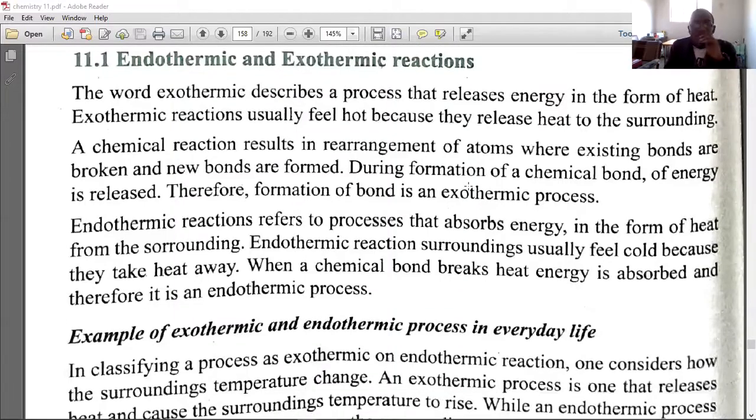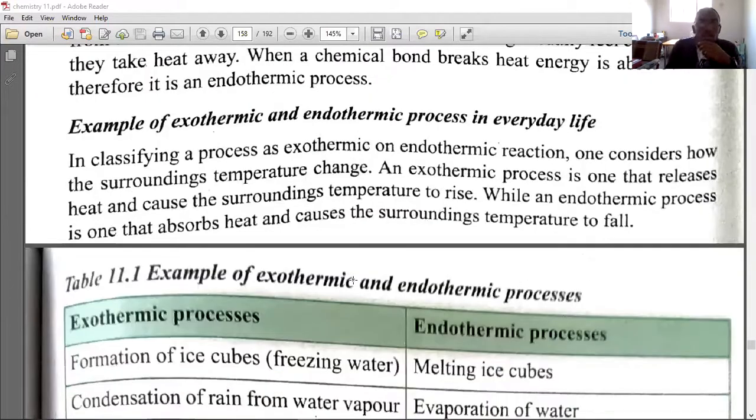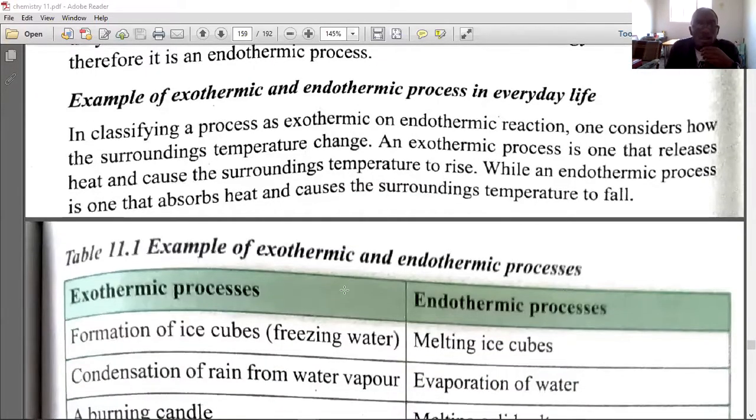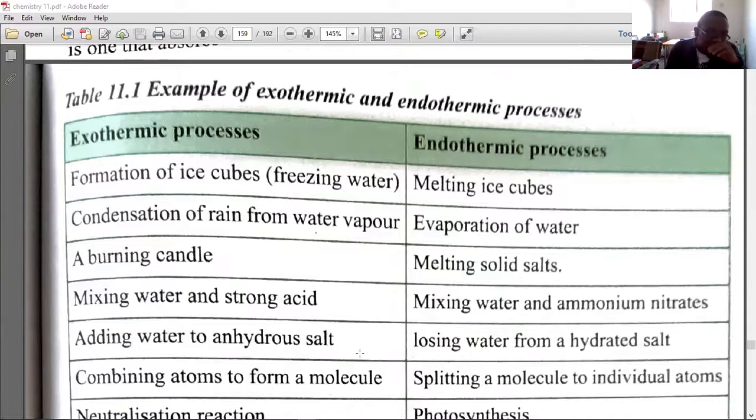When we look at examples of exothermic and endothermic, it will take us back to the physical processes that are involved in the change of state of matter. We're going to talk about formation of ice. When you're forming ice, that is the freezing process, an example of an exothermic.